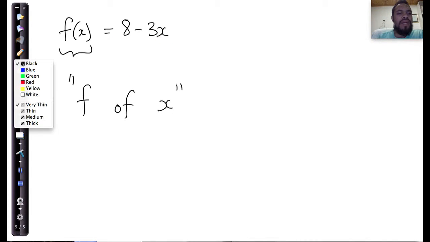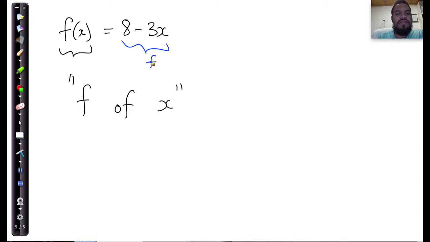If we read this, we are saying that I'm going to call this expression f, and f is a function of x. In other words, it takes in certain x values. Remember, x is a variable. It can take on different values, for example 1, 2, 3, and so forth.